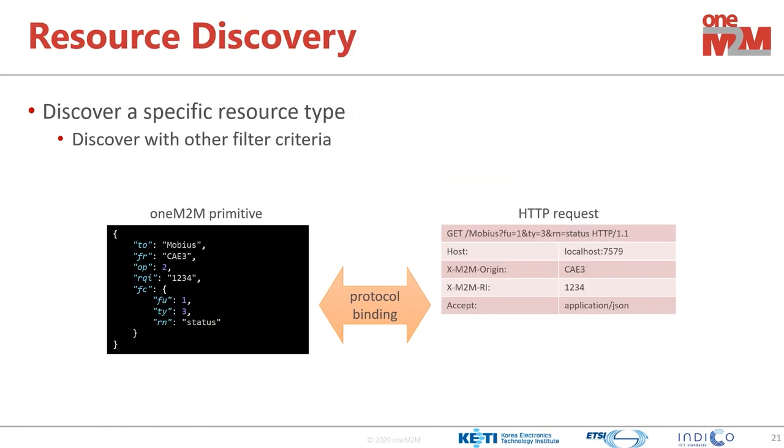So we should do the discovery for the status containers, which are the child containers of Lightbulb 1 and 2. So we are sending the request, looking for the container resource type equals 3. That is the container resource type, and we are looking for the resource named status. So let's do the discovery.